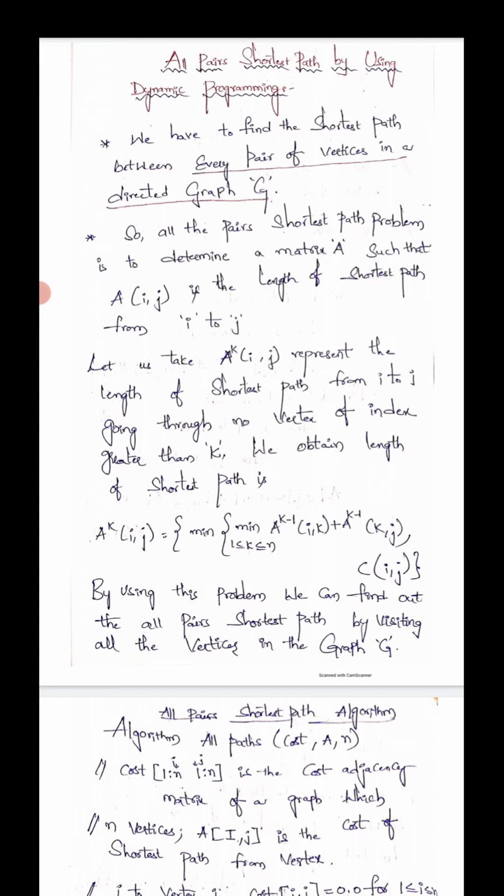This is the general formula of all pairs shortest path. By using the dynamic programming approach, we use this formula.